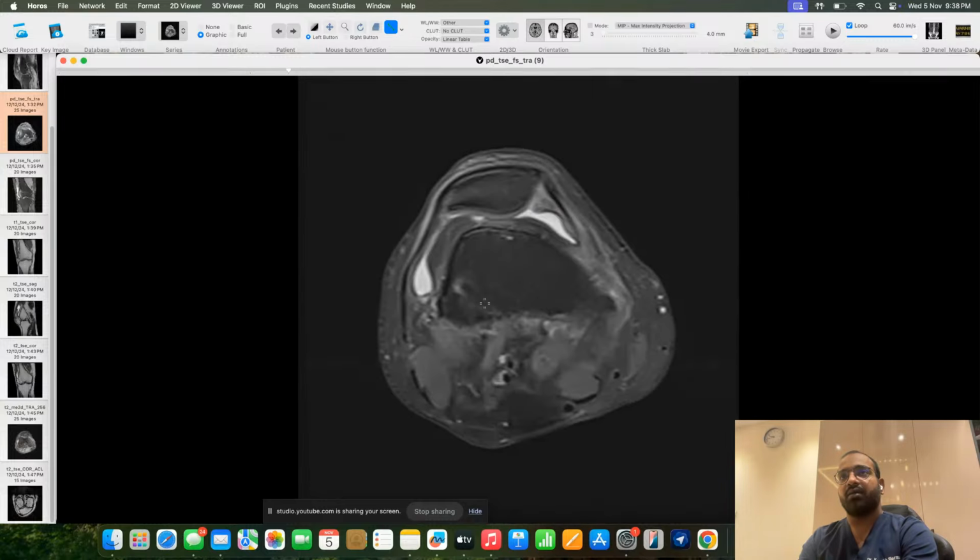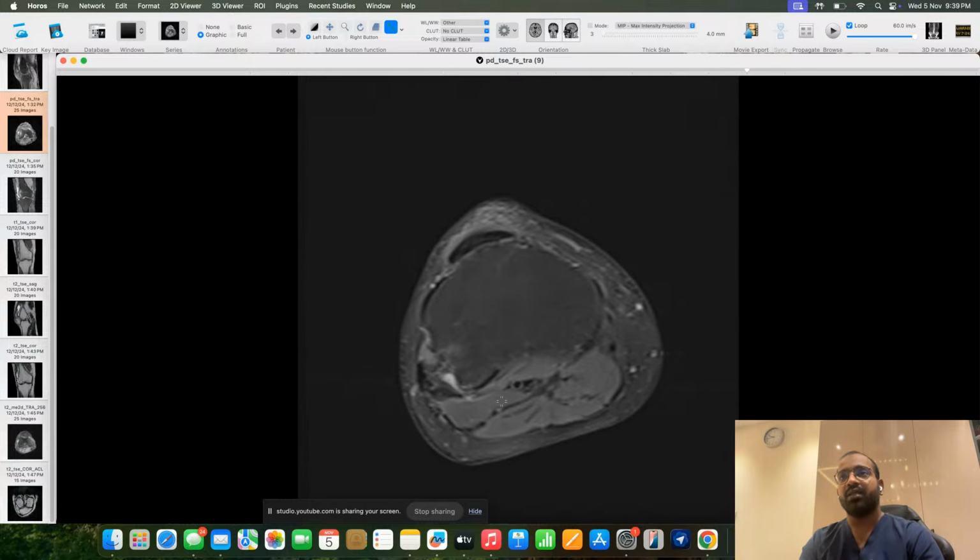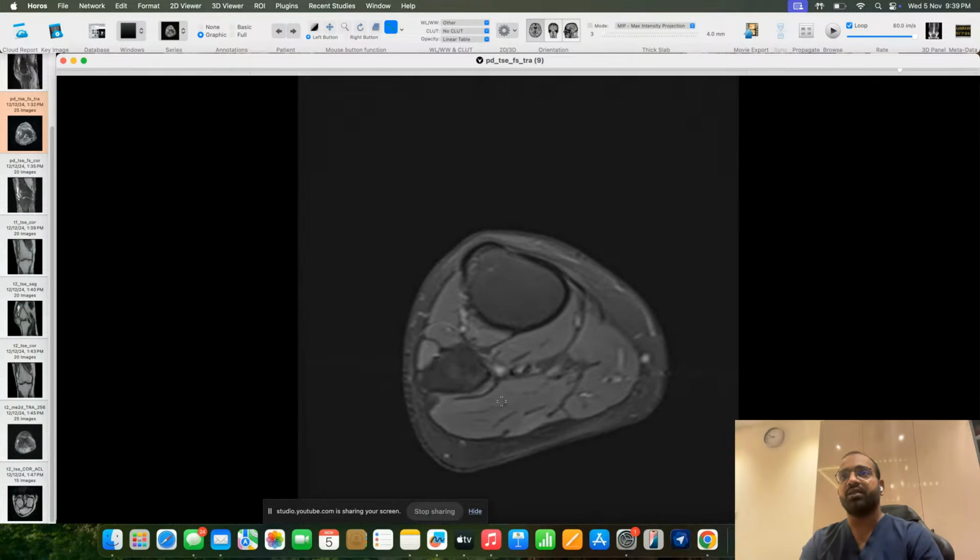Even we can do it on RadiAnt and also on OsiriX or Horos, anything. First we need to draw a baseline posterior to the condyles, then one line perpendicular to this line passing through the trochlear groove. Then copy this line with Control C or Command C. Go to the level of the tibial tuberosity.